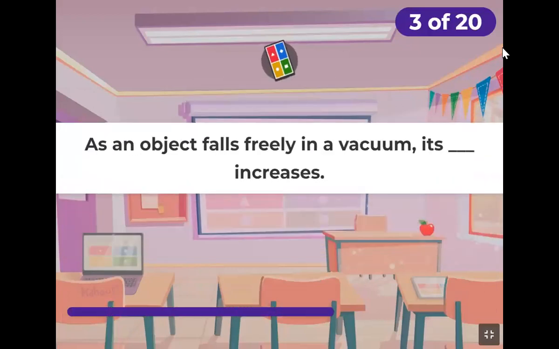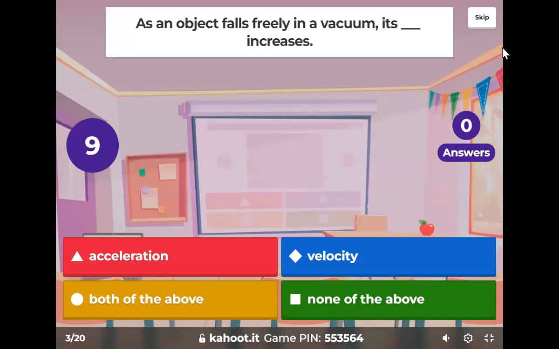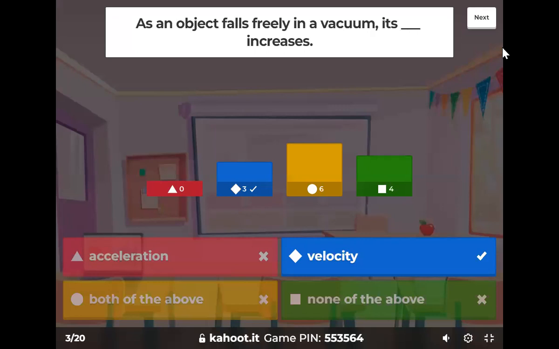Object falls freely in a vacuum. What actually increases? Ooh, 3 winners. Yeah, velocity. So suppose you release it at rest, maybe it falls 0 meters per second, 10, 20, 30 meters per second. Right? Now, guys, velocity picks up at a constant rate.